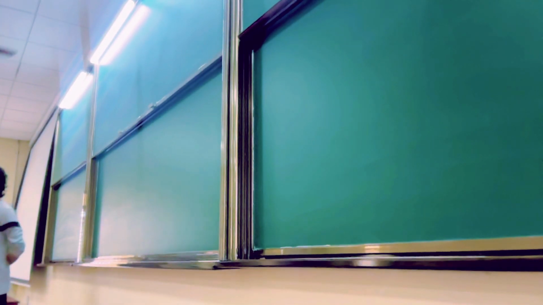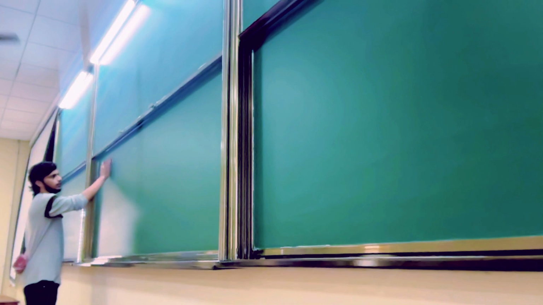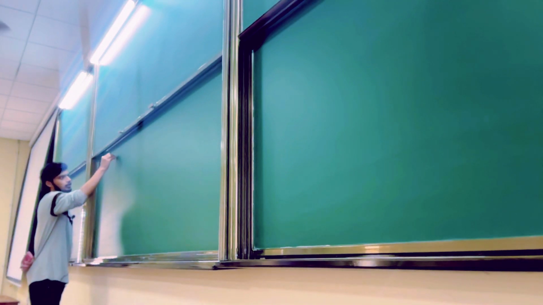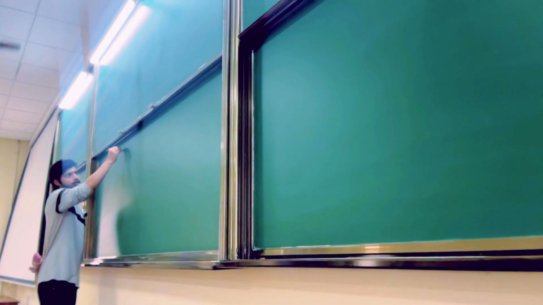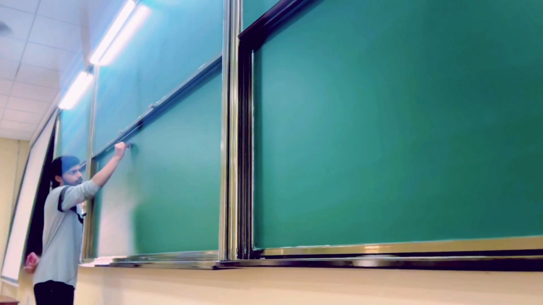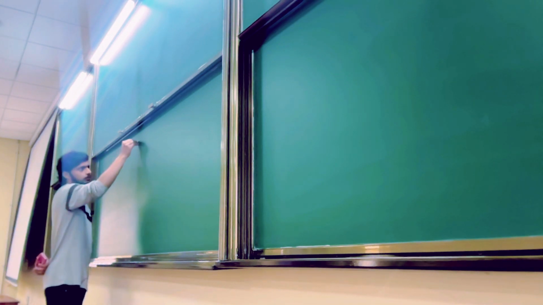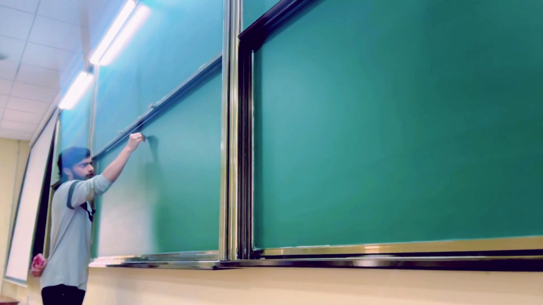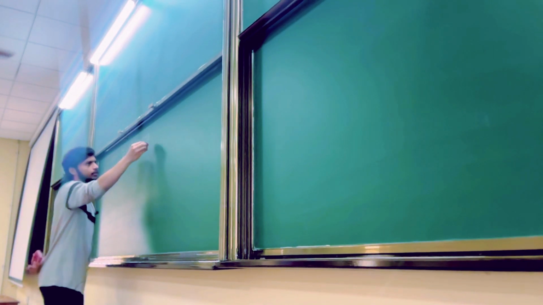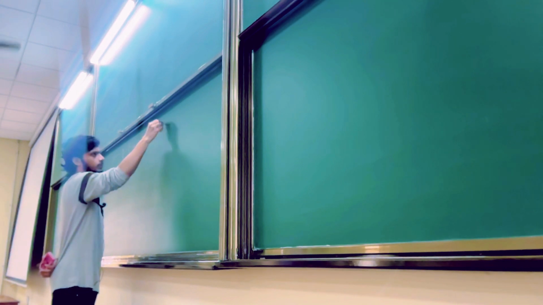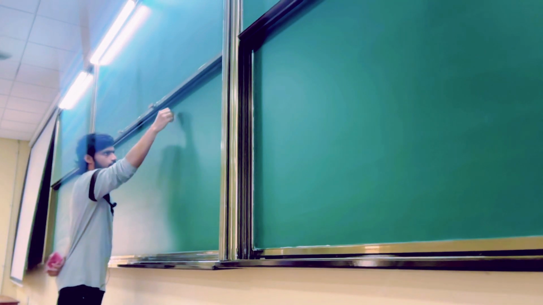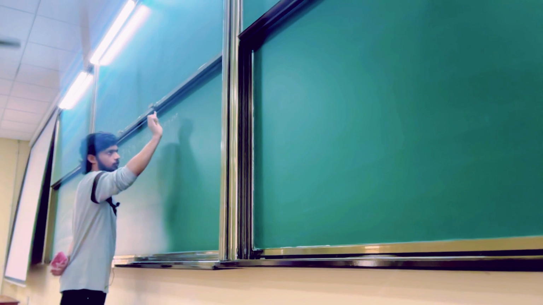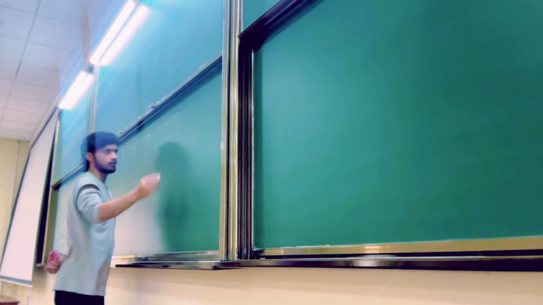So, sir told you about Fourier series. Let me know. Fx is equal to a0 by 2 plus summation an cos 2n pi x by p plus bn sin 2n pi x by p.